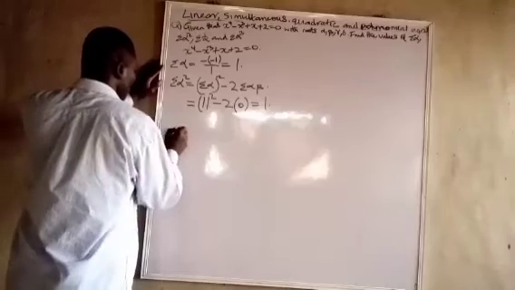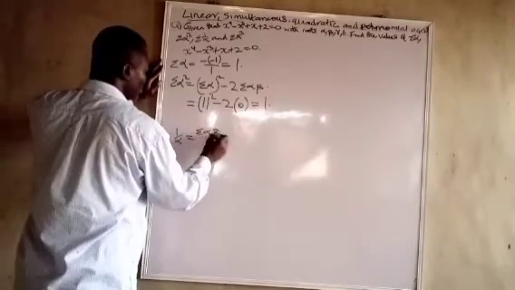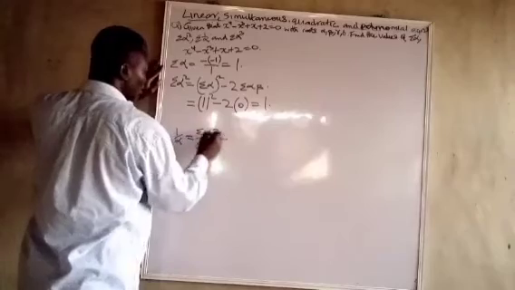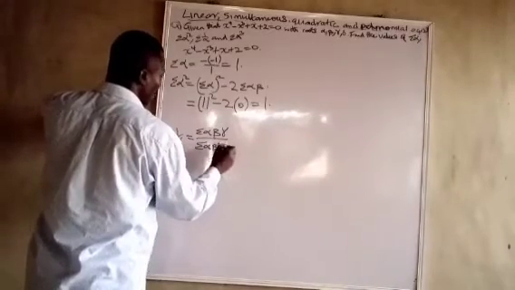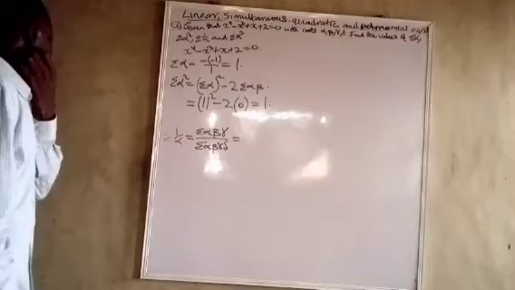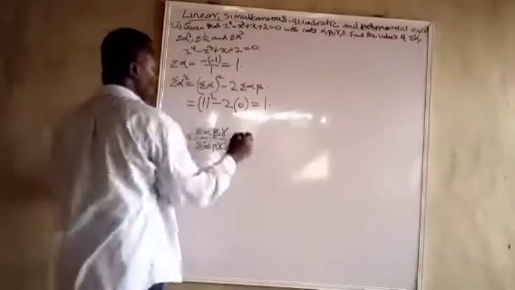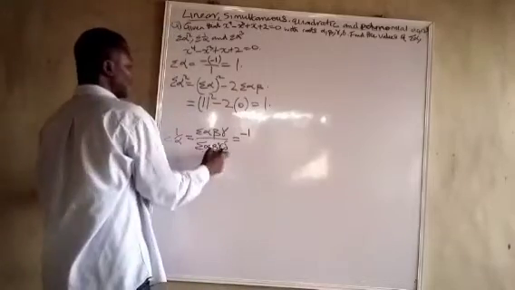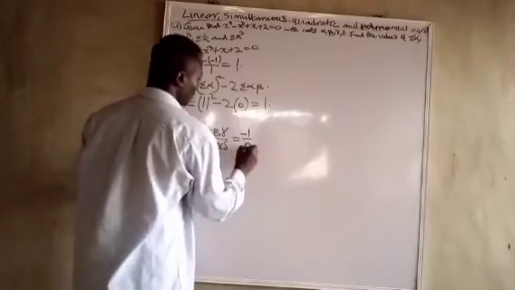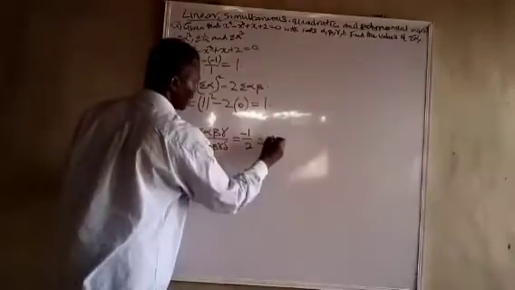Summation 1 over alpha is going to be summation alpha beta gamma over summation alpha beta gamma delta. And what is summation alpha beta gamma? That is minus 1 over 1, and alpha beta gamma delta is 2. So summation 1 over alpha is minus half.